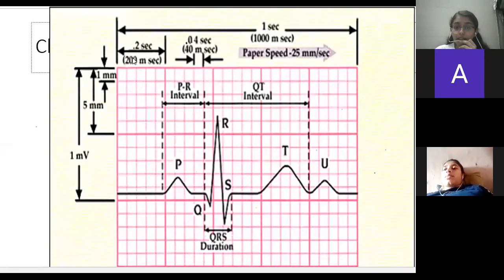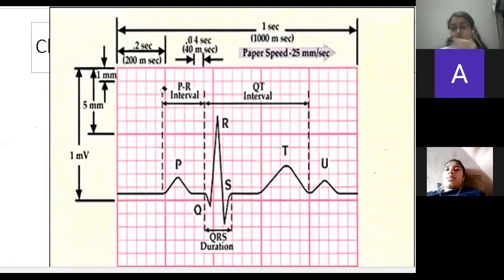So if 5 big boxes is equal to 1 second, you know that 1 big box is equal to 0.2 second. Okay, and if you divide this 0.2 second by 5, you'll get 0.04, which is the value of one small box. Okay, so this is the horizontal value.